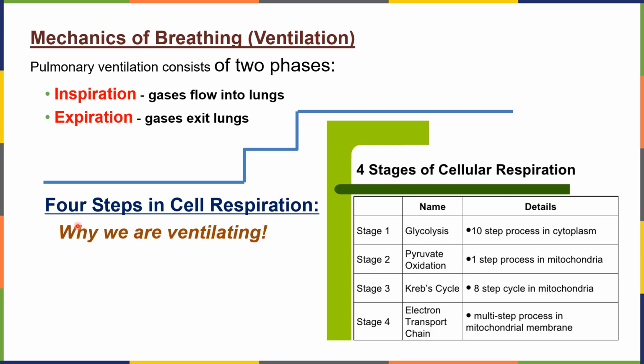Now, in the cell, we have another form of respiration, and this is the creation of ATP: glycolysis, oxidizing pyruvate to make acetyl-CoA, Krebs cycle, also known as the citric acid cycle, and electron transport. So this is cellular respiration, and this is the reason why we ventilate.